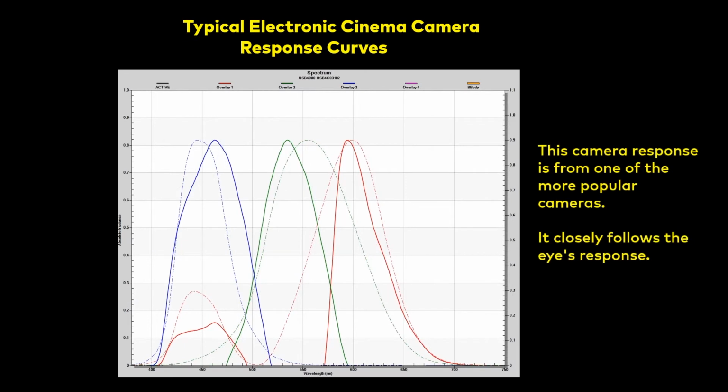Now this is a typical response curve from one of the better known cameras. I'm not going to identify any of them because this is not about saying that something is better or worse. It's about showing the differences. Here's a camera that very closely follows the eye response, and you get very good results with it. It's very popular.